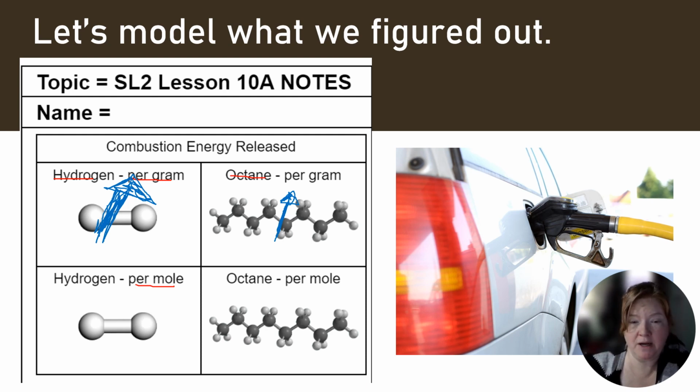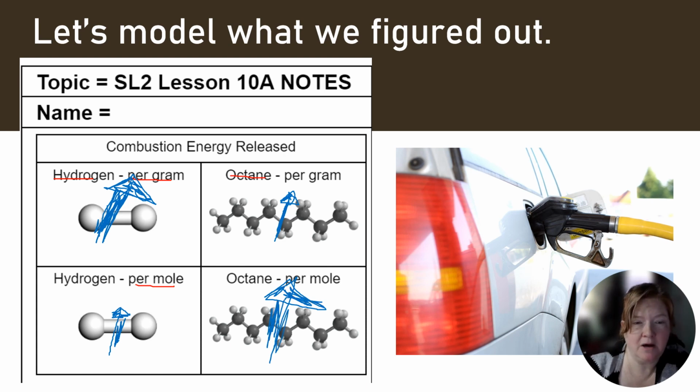Now, what about a comparison between the moles? Well, per mole, hydrogen had less energy going out than octane did. So octane has the big arrow of energy going out.